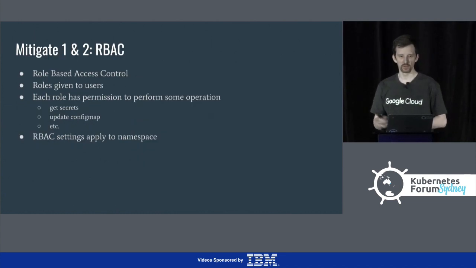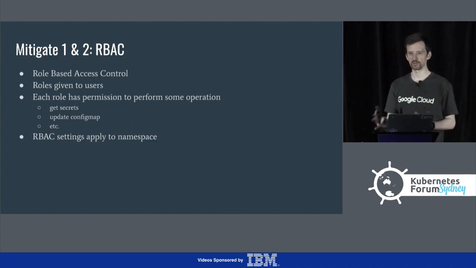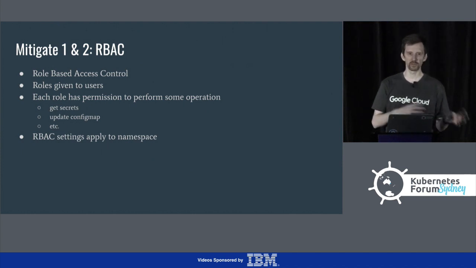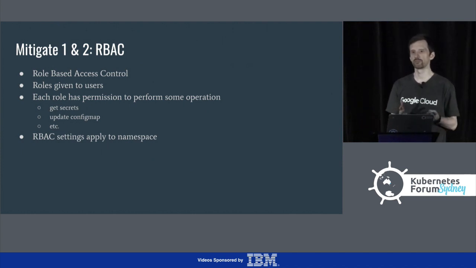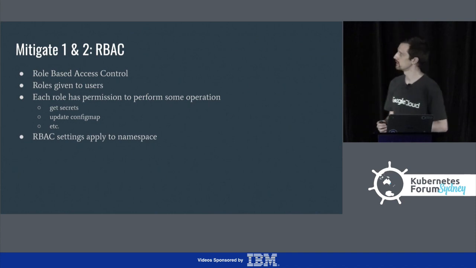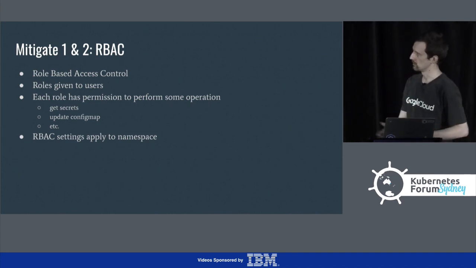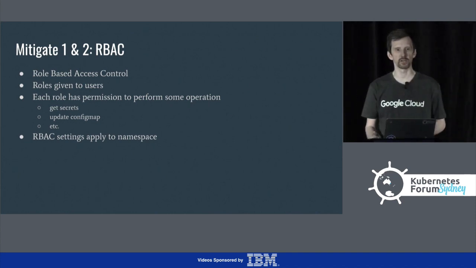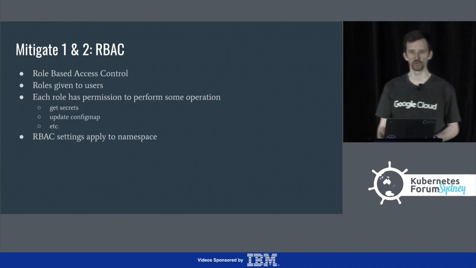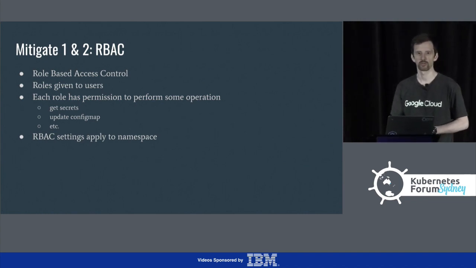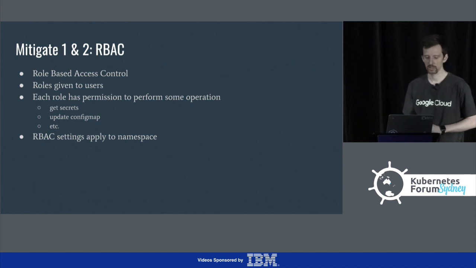So the number one thing that you absolutely positively need to be doing is using RBAC. This has been the default for a while, but it's still possible to disable it. If you don't know what it is, maybe you decide that you're going to disable it. This slide is basically here to say don't ever do that. This is absolutely positively necessary and table stakes for running a cluster in a secure way.